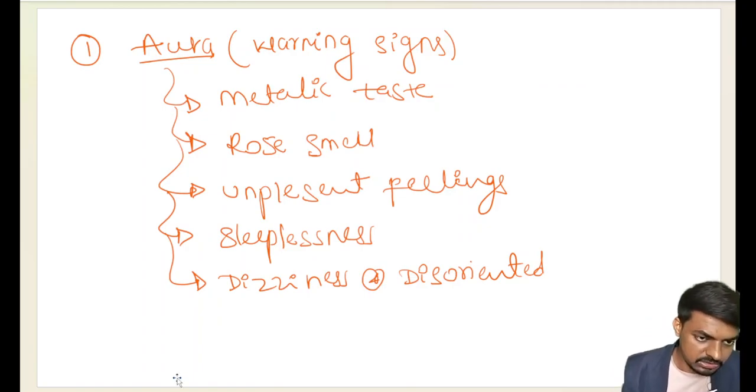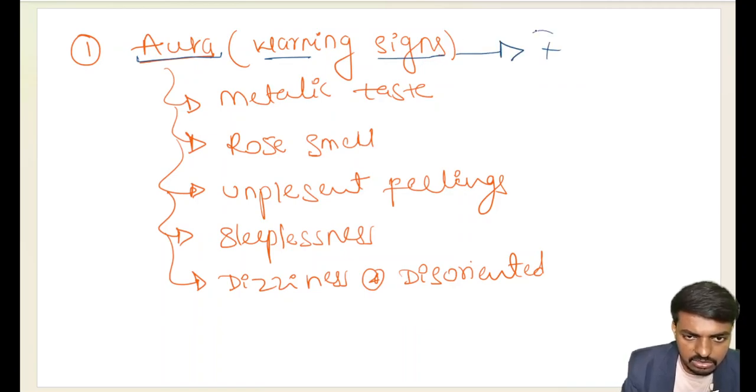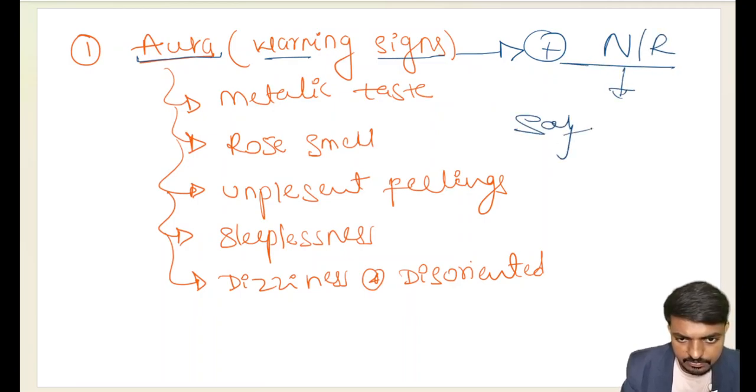First stage is the aura, the warning signs of seizures. If there are warning signs of the seizure, our nursing responsibility is to shift the patient to a safe place where there is less risk of fall and injury.